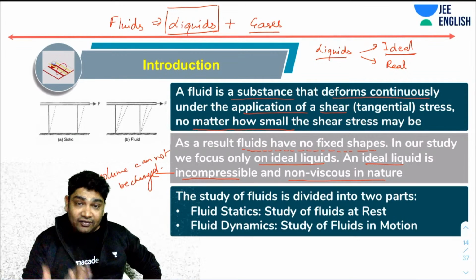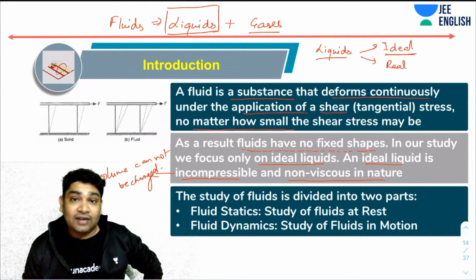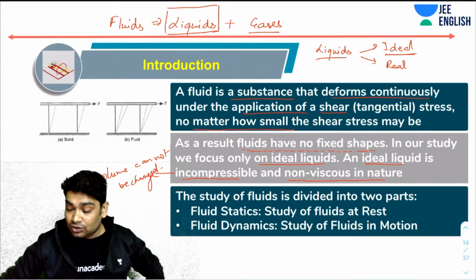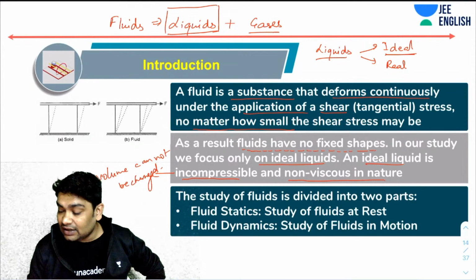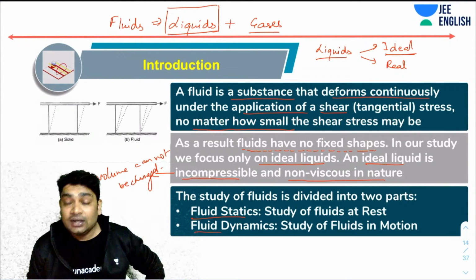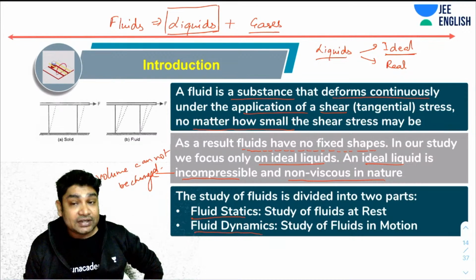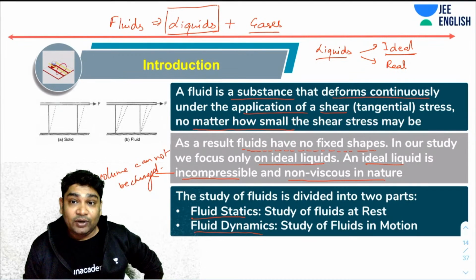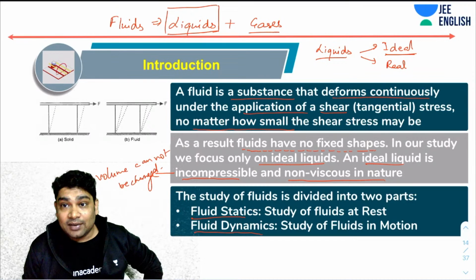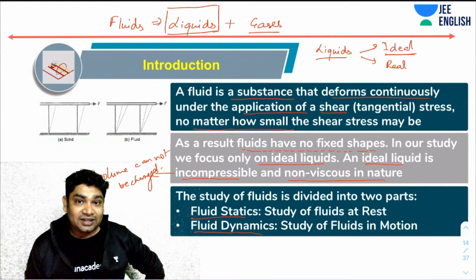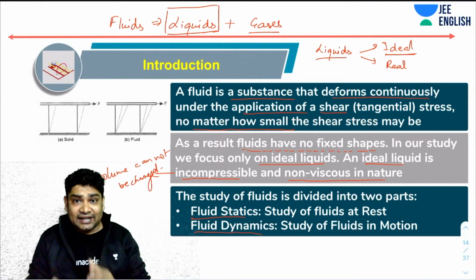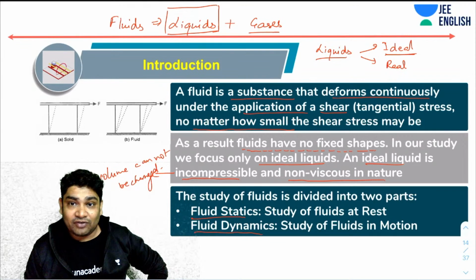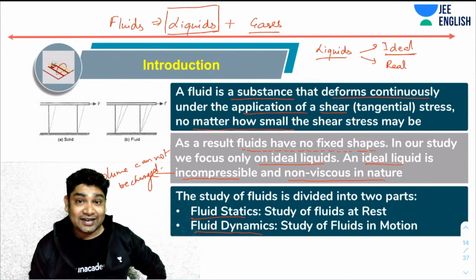Now, even when I'm studying liquids, I will divide that study into two parts. One is called fluid statics, and another is called fluid dynamics. Fluid statics refers to the study of fluids at rest, and fluid dynamics refers to the study of fluids in motion. The study is divided into two parts because of a slight difference in the behavior of a fluid when it is at rest and when it is moving.